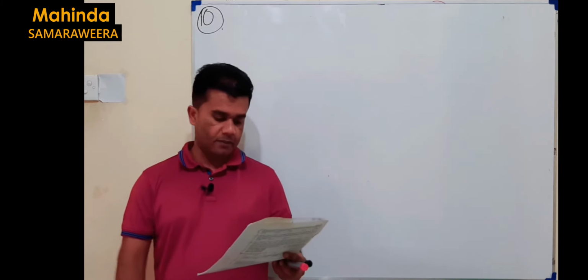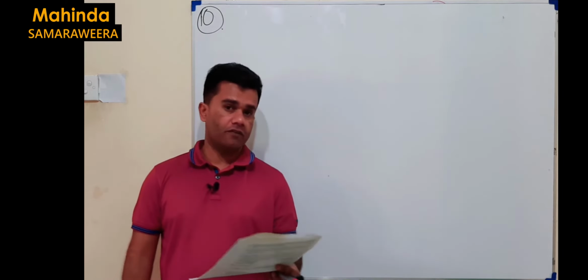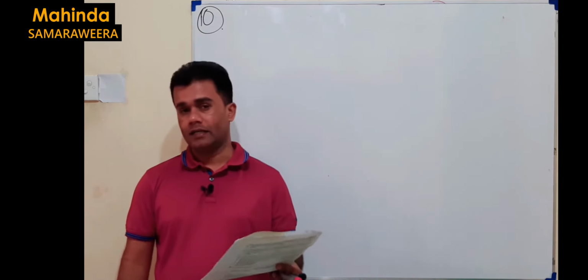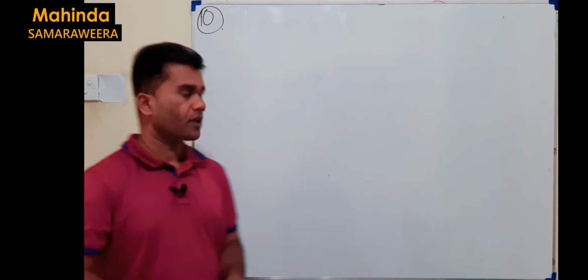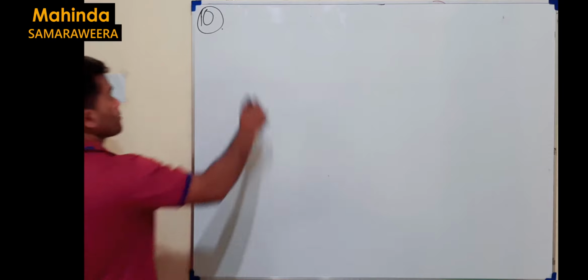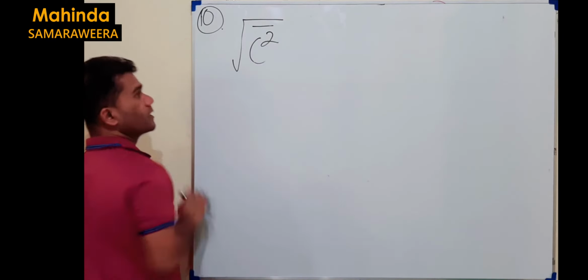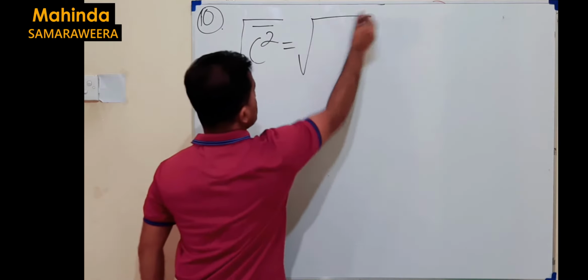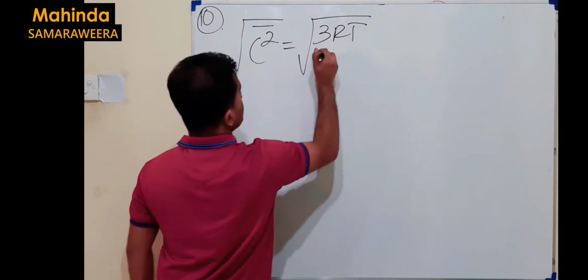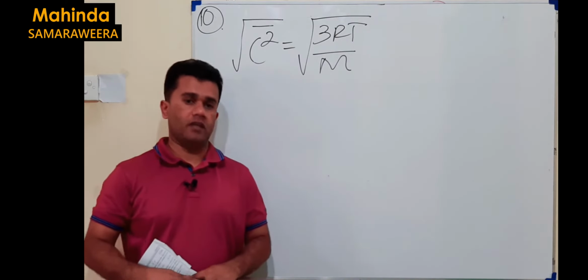If T is the temperature of the gas, then we have to compare the temperature of hydrogen and the temperature of nitrogen. But it's about root mean square speed. You know the equation for root mean square speed? Root mean square speed is equal to the square root of 3RT over capital M. That's the equation for the root mean square speed.